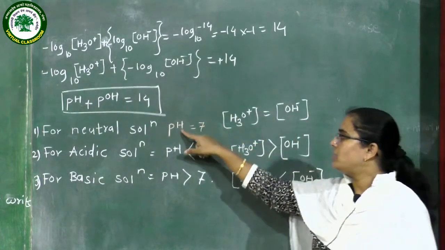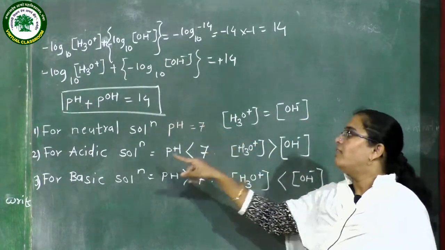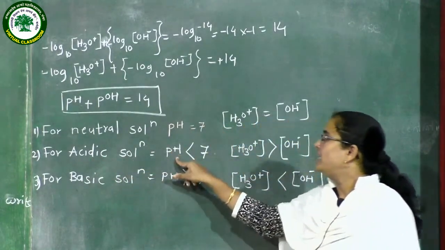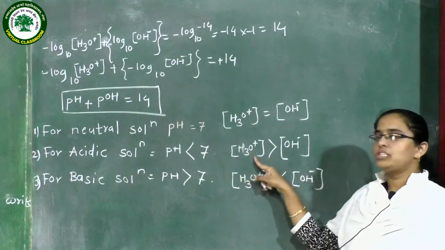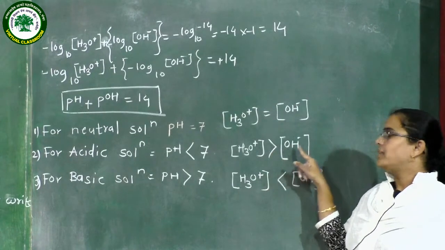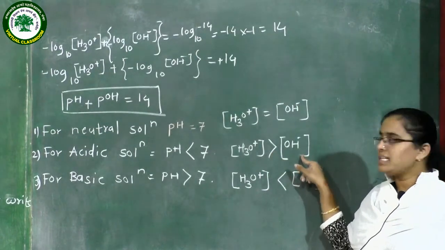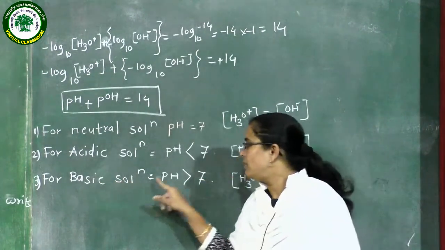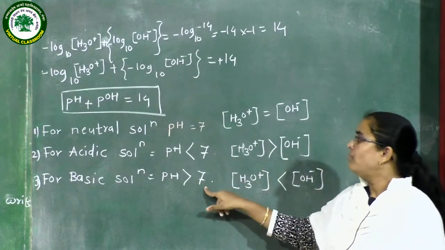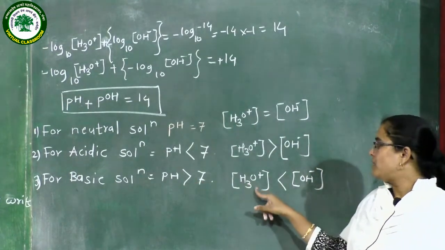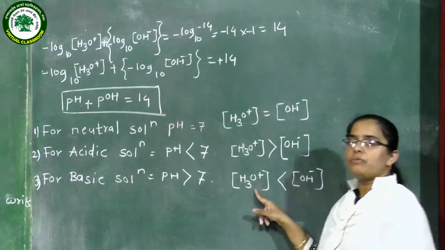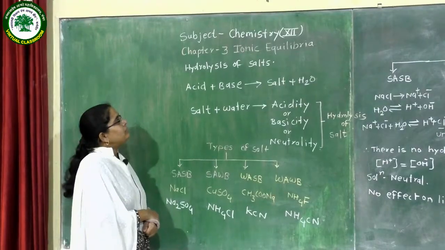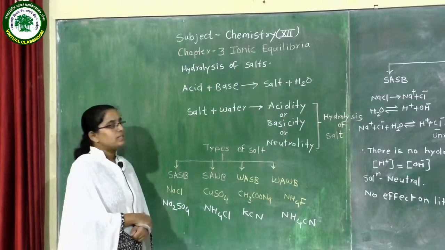For an acidic solution, pH is less than 7, meaning concentration of H3O plus ion is more than concentration of OH minus ion. For a basic solution, pH is more than 7, meaning concentration of OH minus ion is more than concentration of H plus ion.